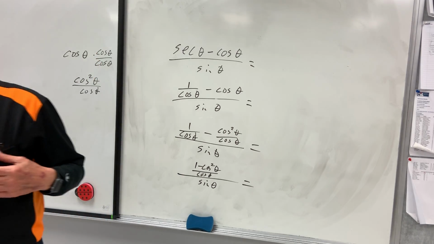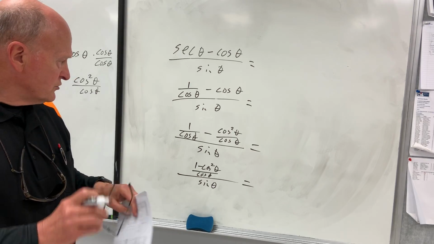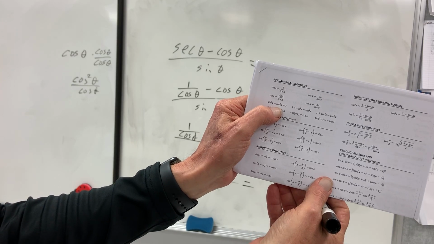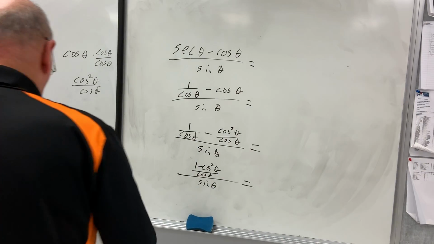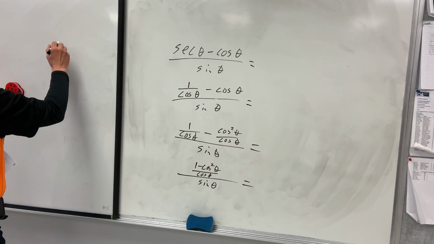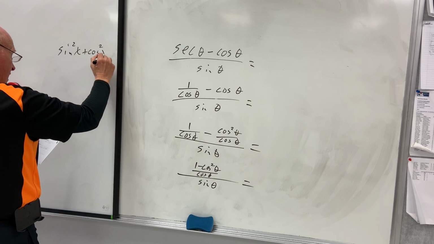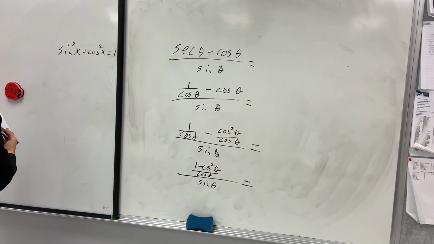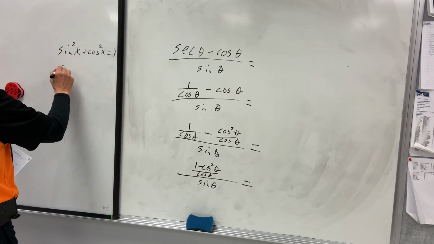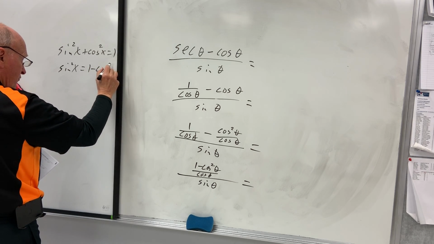Now, I want you to look back at your chart again, your formula sheet, and you will see on that formula sheet where it says that sine squared plus cosine squared is equal to 1. I'm going to come over to the side here and write that in a little bit different way. I've got sine squared x plus cosine squared x is equal to 1, which would mean I could subtract cosine squared from both sides, and I'd have sine squared x is equal to 1 minus cosine squared x.